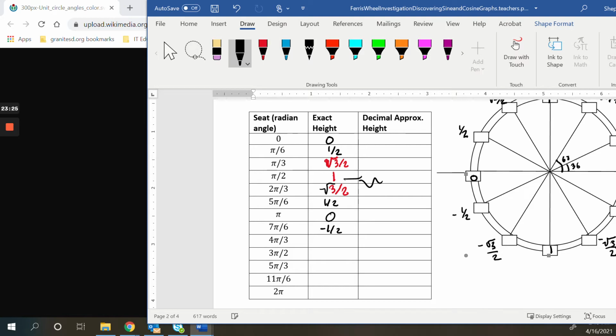Then we got negative half, negative square root 3 over 2, negative 1, negative square root 3 over 2, negative half, and then up to 0. 0.5, and then a square root 3 over 2, which should be about 0.87 or about 0.9.